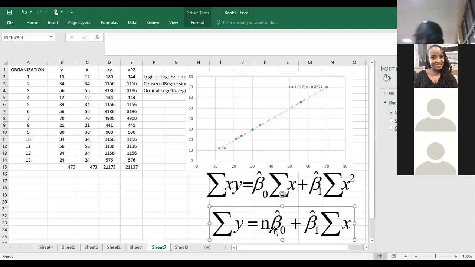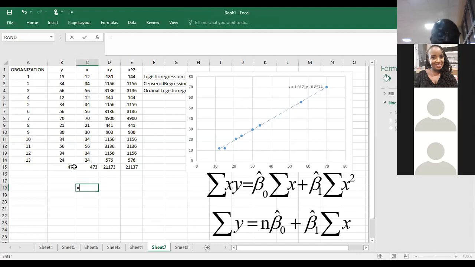Divide by 13. Divide everywhere by 13. What do you get? Give us the result, please. Beta naught is equal to what? So you divide 476 by 13, is it? 36.6. You also divide 473 by 13.